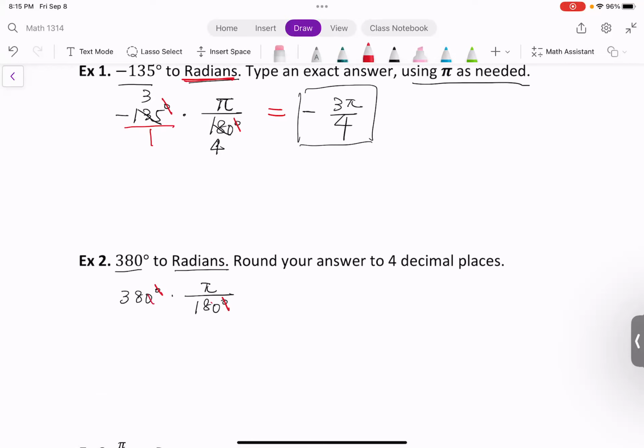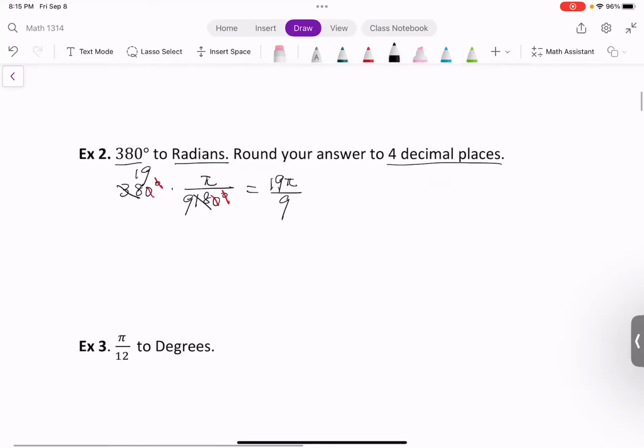I can also cancel out the zeros. And 38 and 18 are both divisible by 2. So divide by 2, 9. Divide by 2 is 19. So I'm having 19 pi over 9. The question says round your answer to 4 decimal places. So let's use our calculator.